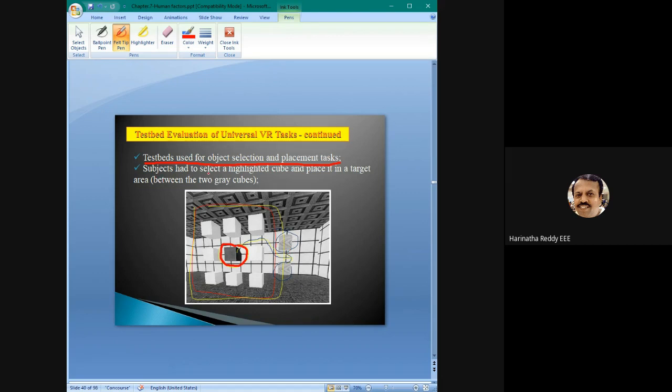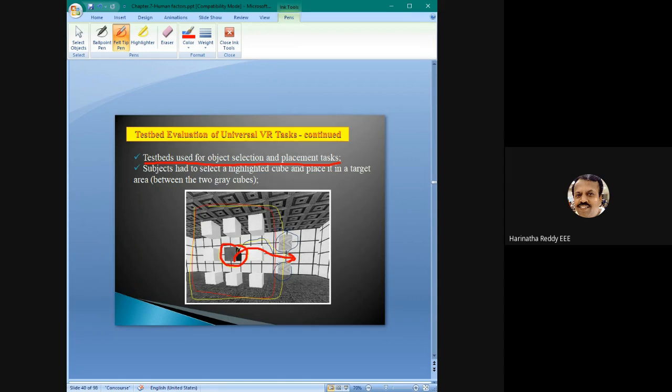That means subjects had to select a highlighted cube and place it in the target area between the two gray cubes. So the simple concept is that you can take a mouse, select a particular object, drag it with the mouse, and place it here. That is also one method. This is one example.